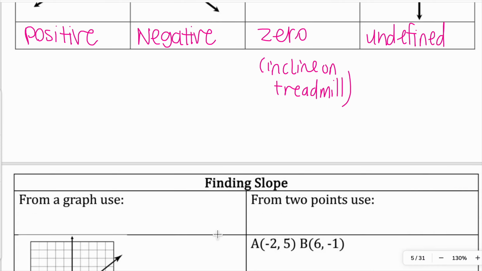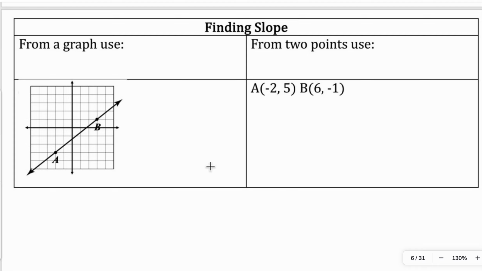When you're ready, let's go ahead and try to find some slope. We can find slope 2 ways. The first way is the easiest way, I think, and all you have to do for your slope on a graph is your rise over run, and you're going to do that from left to right. I'd start with my left point, point A, and go to point B. My rise would be 1, 2, 3, 4.